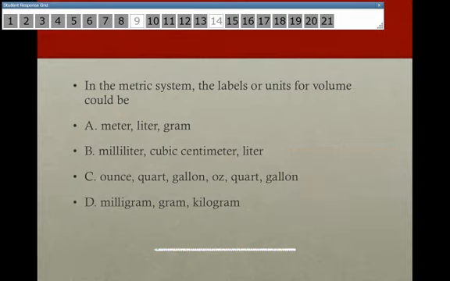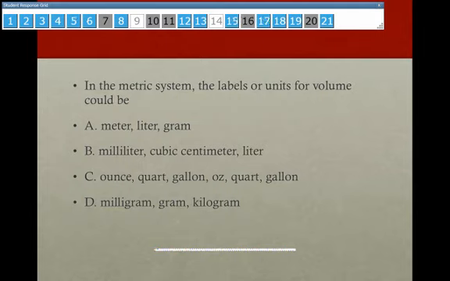Okay, in the metric system, the labels for units for volume could be which one of those? It's on the back of your sheet, too. Volume.